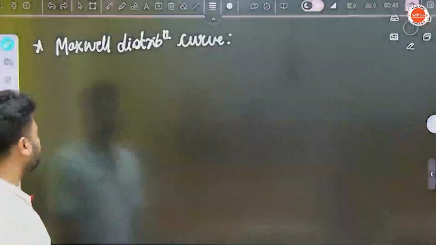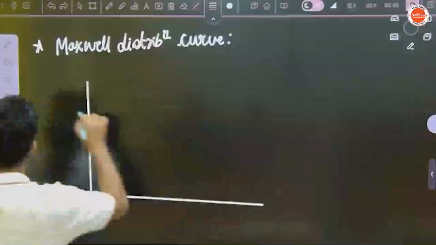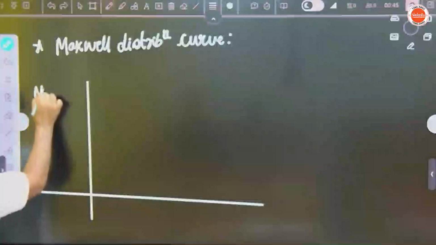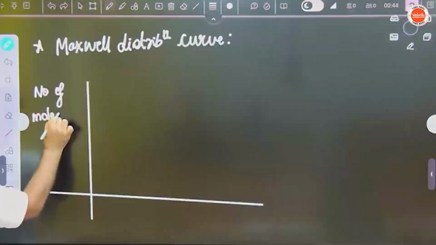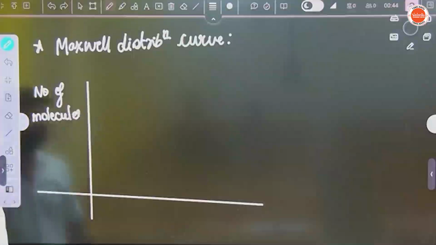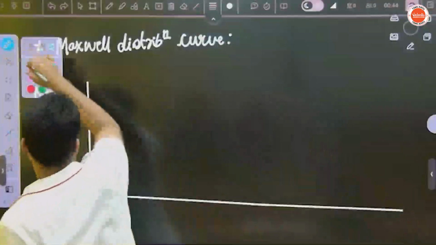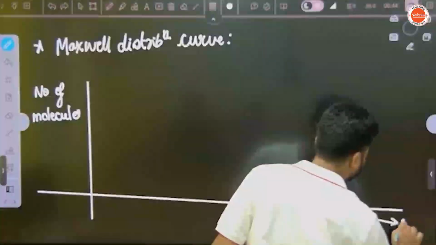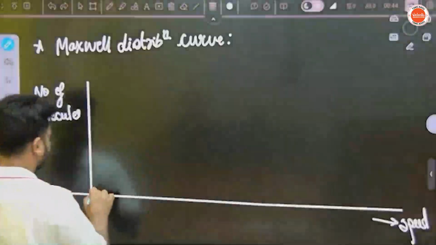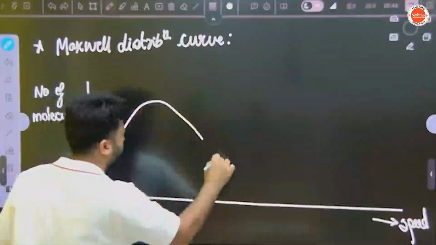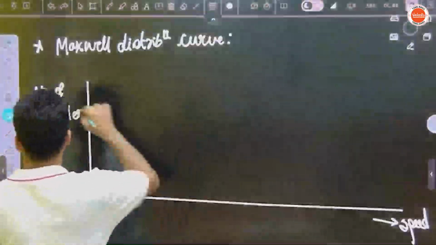What is this? See, this is the number of molecules, and here they have plotted different speeds. Suppose the graph is like this.